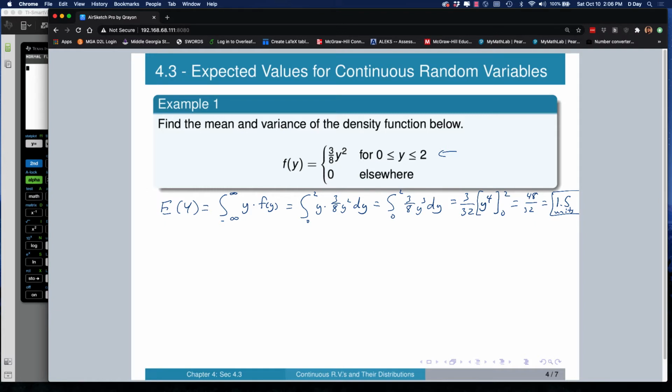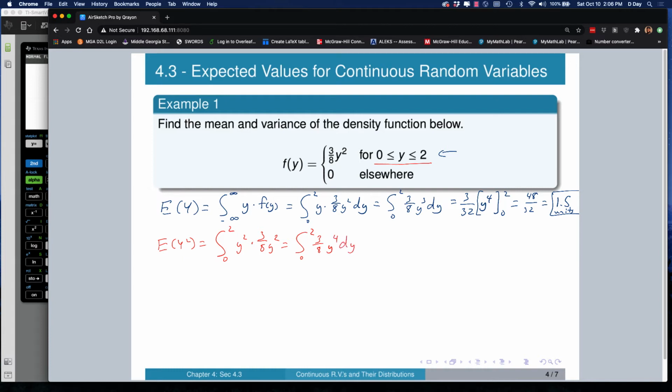Now let's find the expected value of y squared. So again, I'm going to skip the little formula step, but it's the integral from 0 to 2 of y squared this time, multiplied times 3/8 y squared, which is just really equal to the integral from 0 to 2 of 3/8 y to the 4th dy.